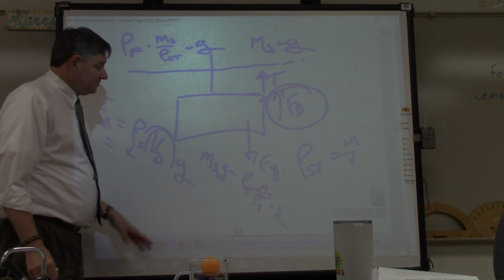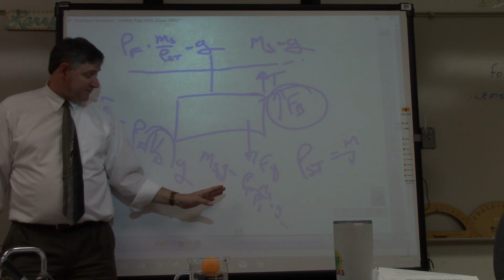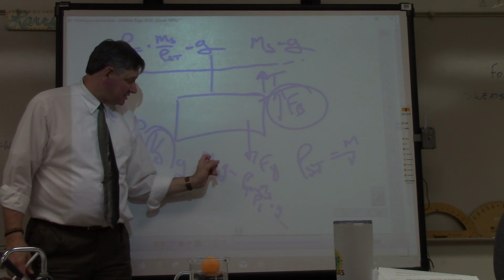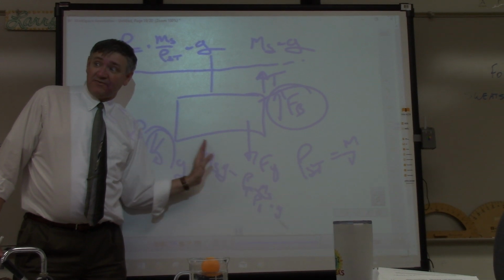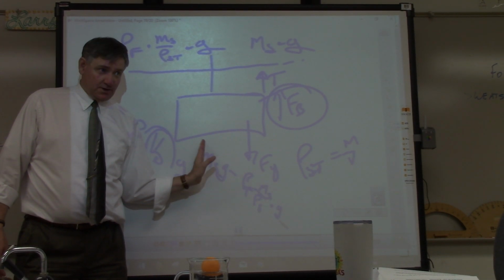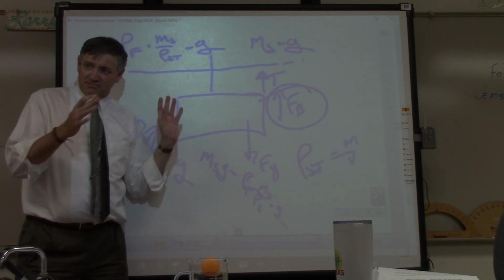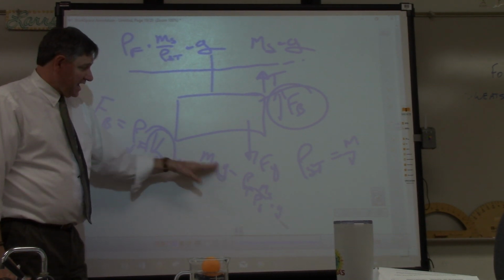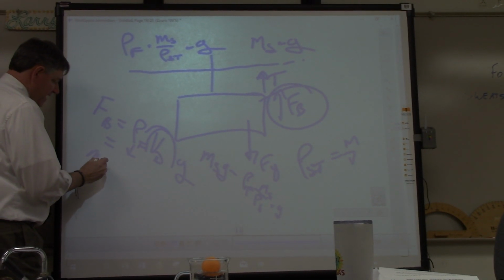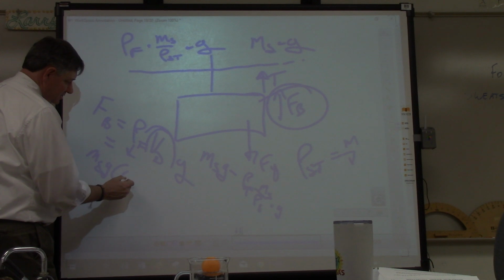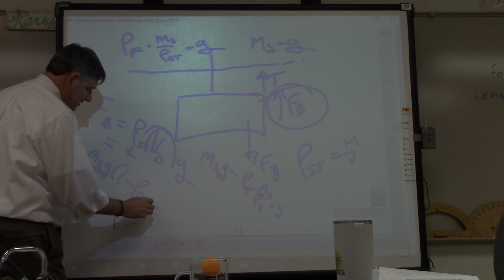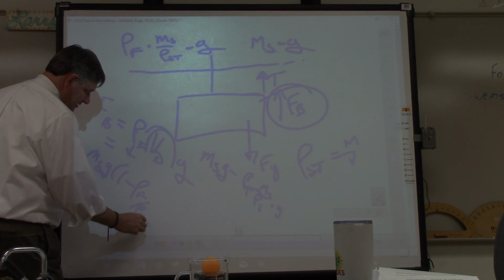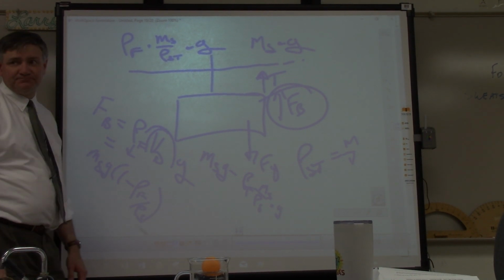So if you wanted to get fancy, you could pull out the mass of the steel times G, in other words just factor that out of this because that's a common term. You don't have to, but that's just if you wanted to get fancy. Then that all factors out, so you'd have the mass of the steel times G times 1 minus the density of the fluid divided by the density of the steel.